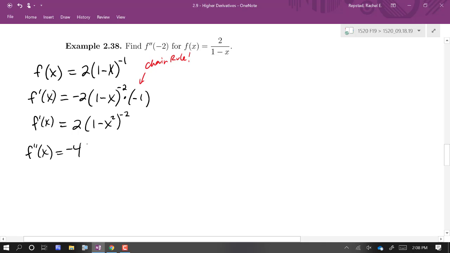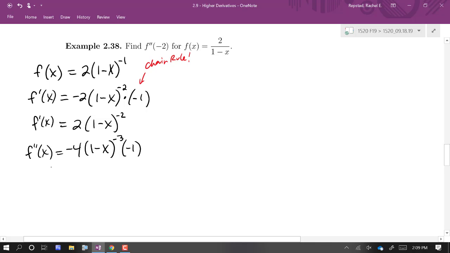Sorry, that's not an x squared. That was me just putting something in there. Then that's -3 times -1.